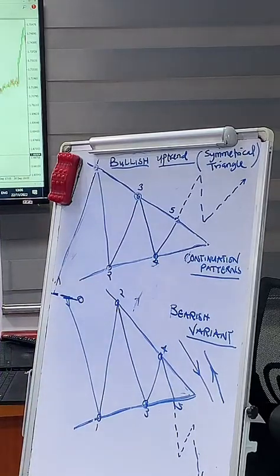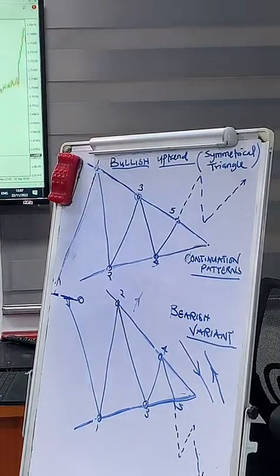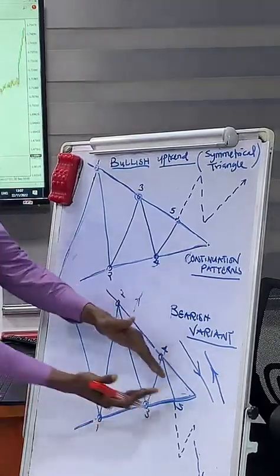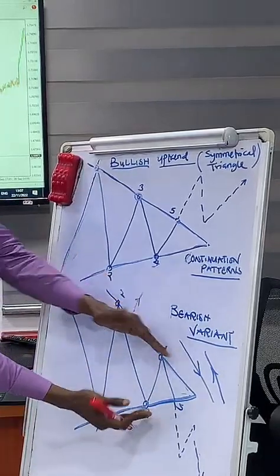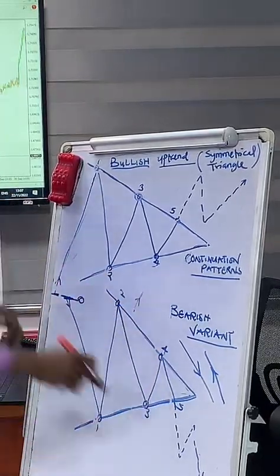Now, what do you notice again for the bearish variant? Whether it is a bearish variant or a bullish variant is the direction of the market, where it is coming from, whether it is coming upwards or downwards. So if the market is coming downwards and it now gives us this particular continuation pattern, then we know that this market wants to continue its downward trend.